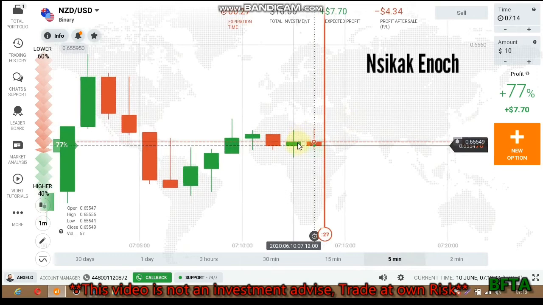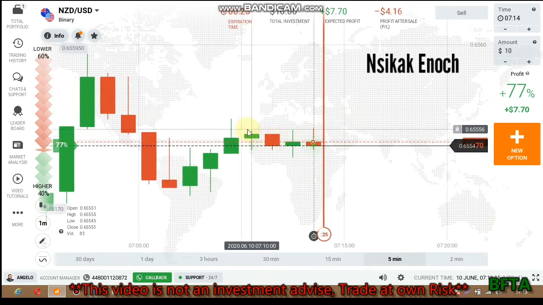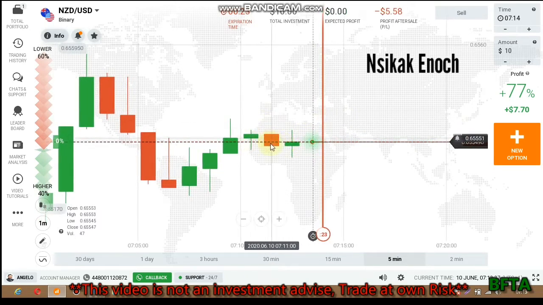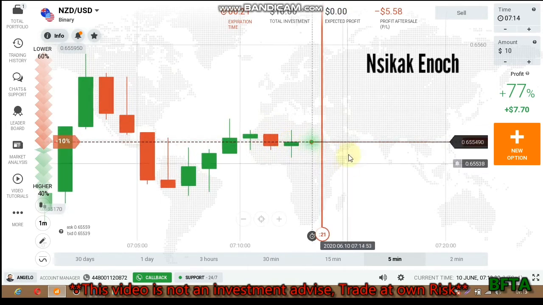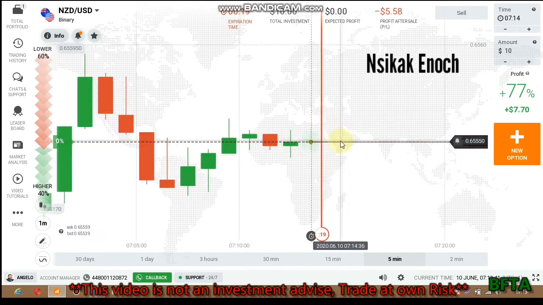I place put option because the buyers are weak, sellers are strong. The market is consolidating, buyers are weak, so you expect a seller's entry.